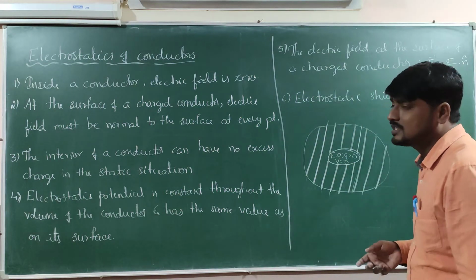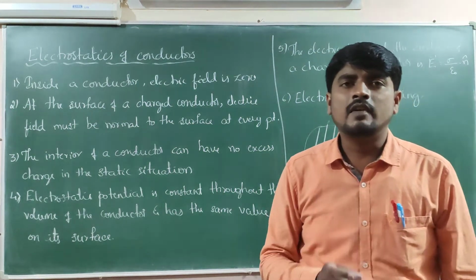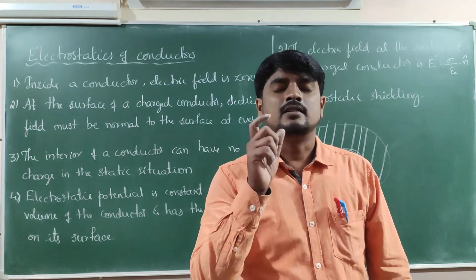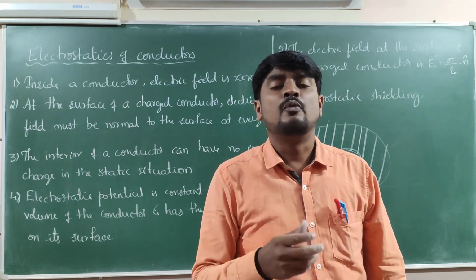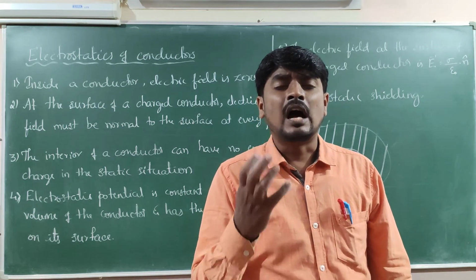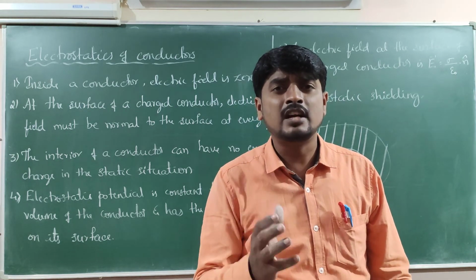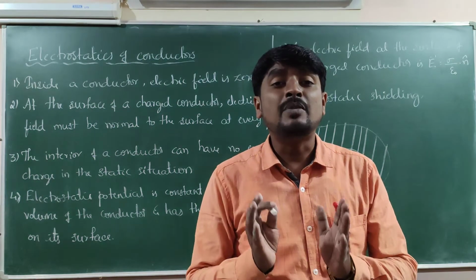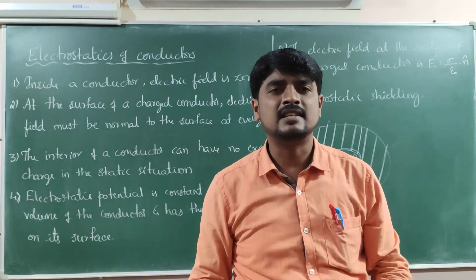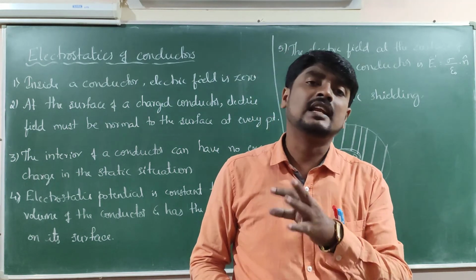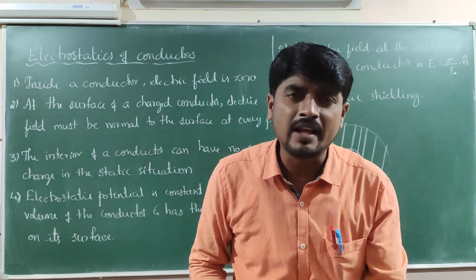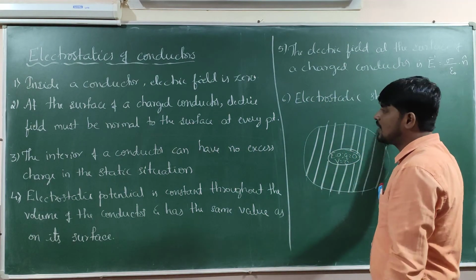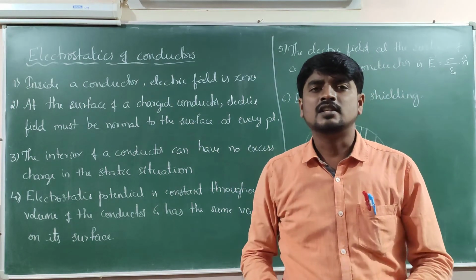We use it when we want to protect highly sensitive electronic devices from the effect of any electrical hazards or electrical influences. For that we use this process called electrostatic shielding.